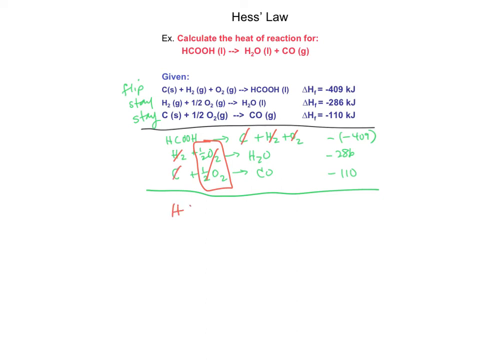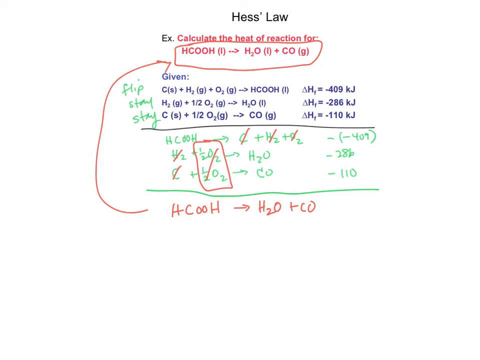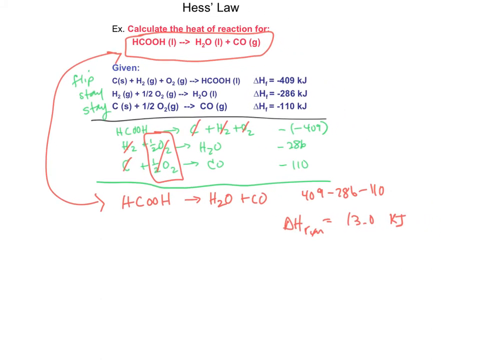And so we have HCOOH forming H2O plus CO. This is exactly what is in the box, and that is the goal here, to get things arranged correctly. So this is going to be positive 409 minus 286 minus 110, and delta H, let me find that here, 13.0. So delta H for the reaction is 13.0 kilojoules per mole.